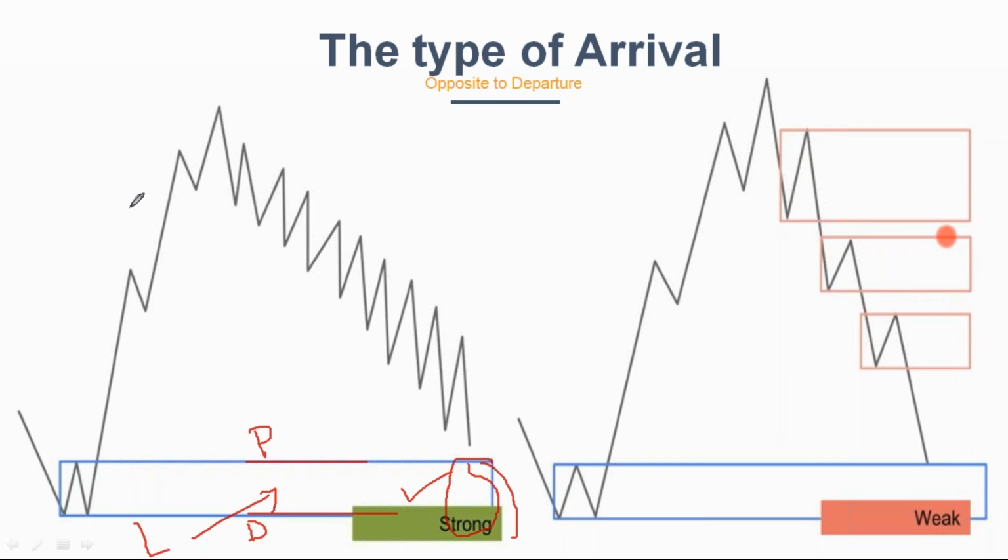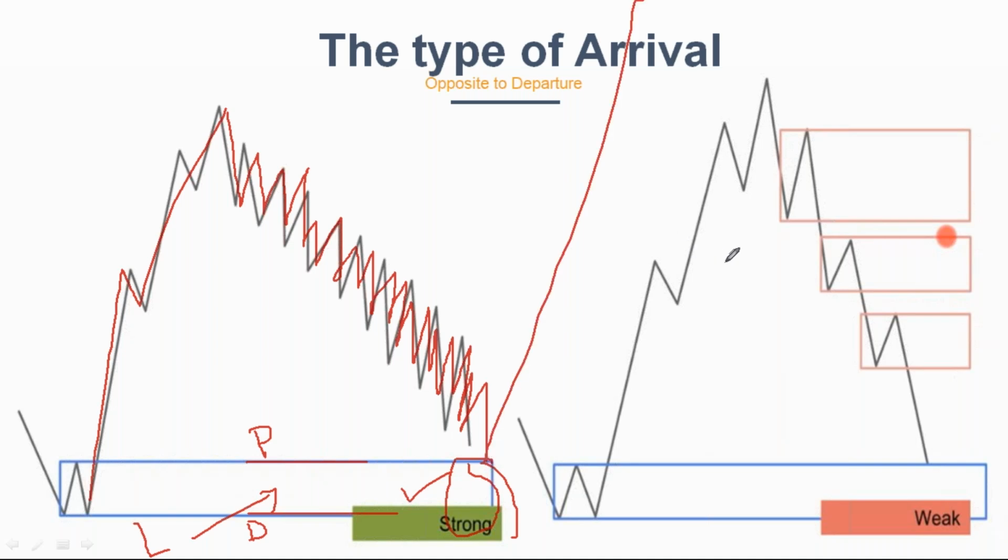Now see the departure. How is the departure? Boom, boom. But see the arrival. Arrival is coming down, eating all the supply orders in the journey with a lot of zigzag movement, testing every zone that is formed, and finally it comes to the zone. We know the zone has good pending orders and there are no supply orders. Price will revolt.